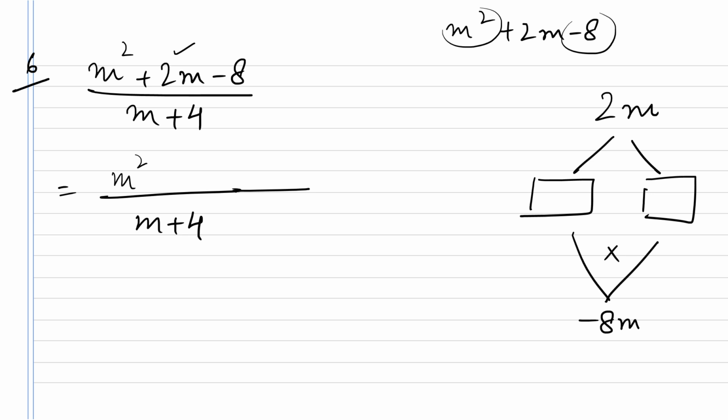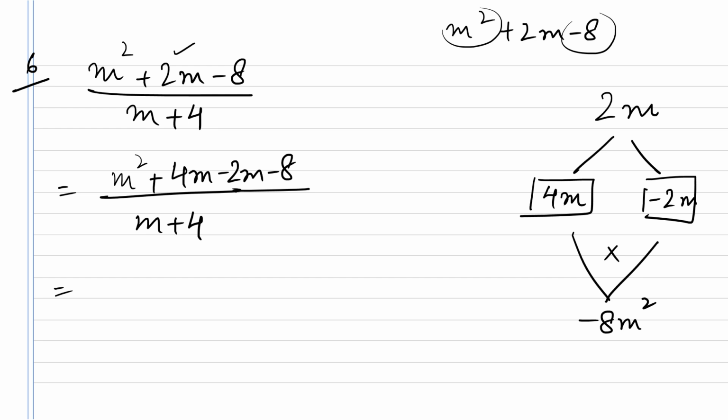So if I put 4m and minus 2m, 4 minus 2 is 2, and of course 4 multiplied by minus 2 is minus 8m squared, correct. So we are good. So my terms are 4m minus 2m minus 8. 4m minus 2m is giving you 2m, and 4m multiplied by minus 2m giving you minus 8m square.